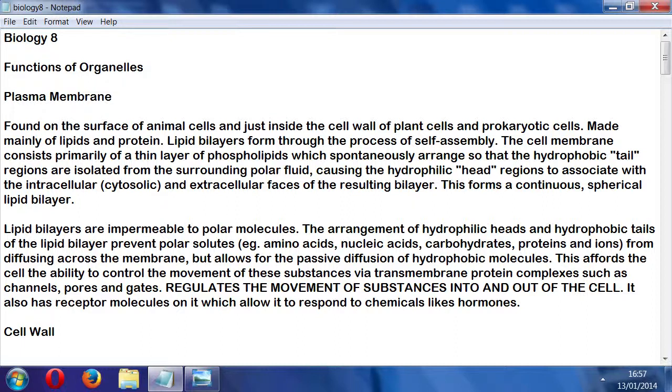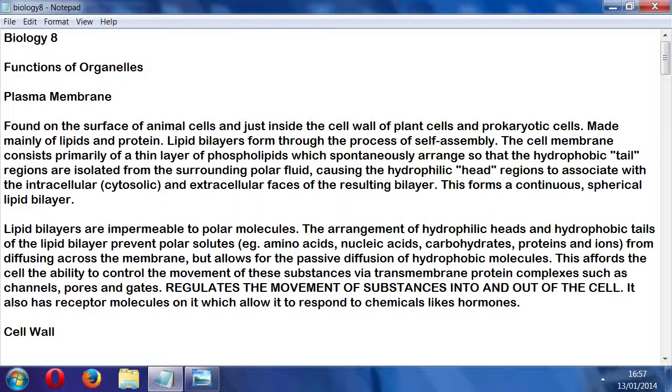Lipid bilayers are impermeable to polar molecules. The arrangement of hydrophilic heads and hydrophobic tails of the lipid bilayer prevent polar solutes, e.g. amino acids, nucleic acids, carbohydrates, proteins and ions, from diffusing across the membrane, but allows for the passive diffusion of hydrophobic molecules.